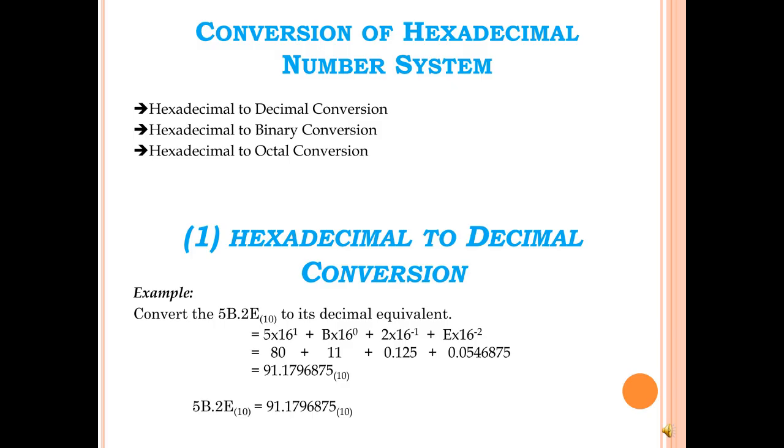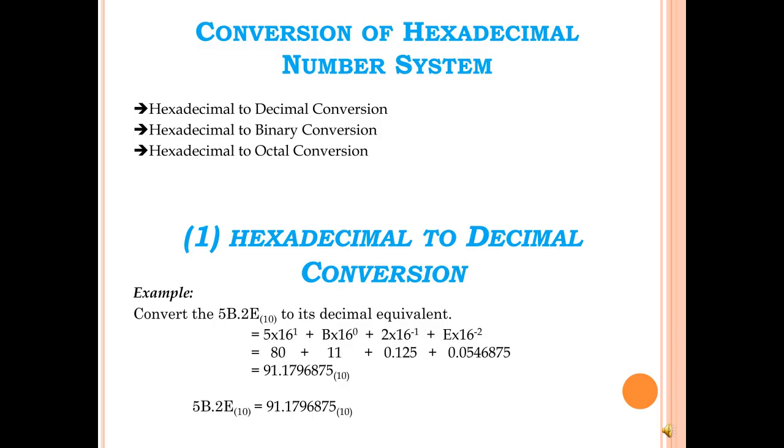So the valuation is 5 multiplied by 16 to the power 1, plus B multiplied by 16 to the power 0, plus 2 multiplied by 16 to the power minus 1, plus E multiplied by 16 to the power minus 2, which comes with the result as 80 plus 11 plus 0.125 plus 0.546875.